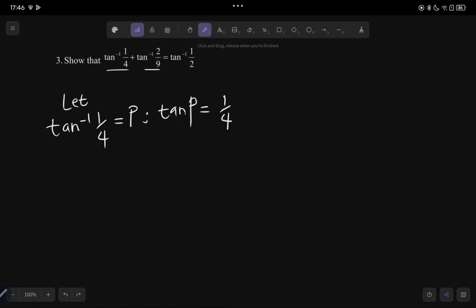Then we let tan inverse of 2 out of 9 be Q, which means tan Q is 2 out of 9. Now on the left, we have P plus Q.